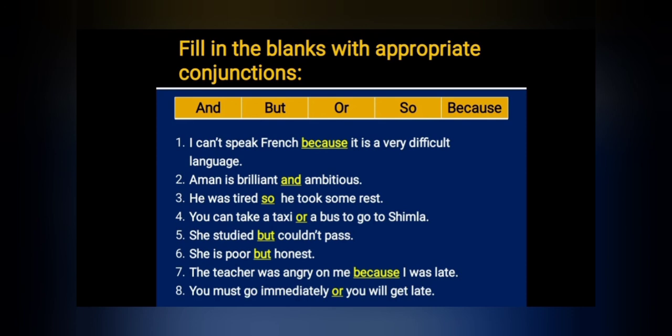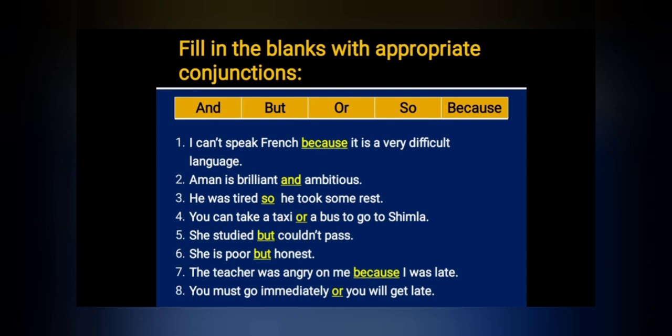Next sentence on the screen is, the teacher was angry on me because I was late. We have filled this blank with the conjunction because, it is telling the reason of the action, and the action is the teacher was angry on me. Why was the teacher angry?